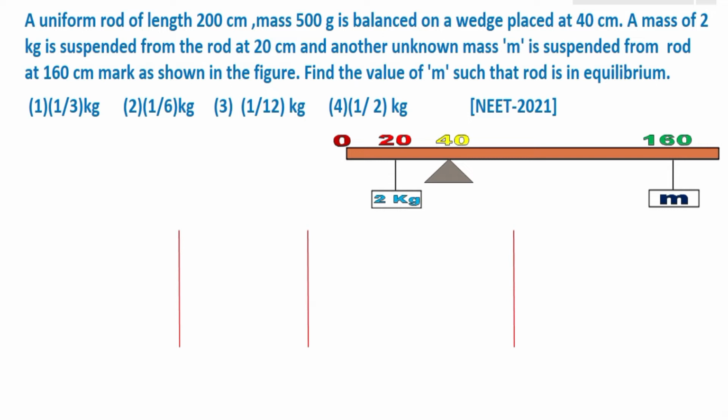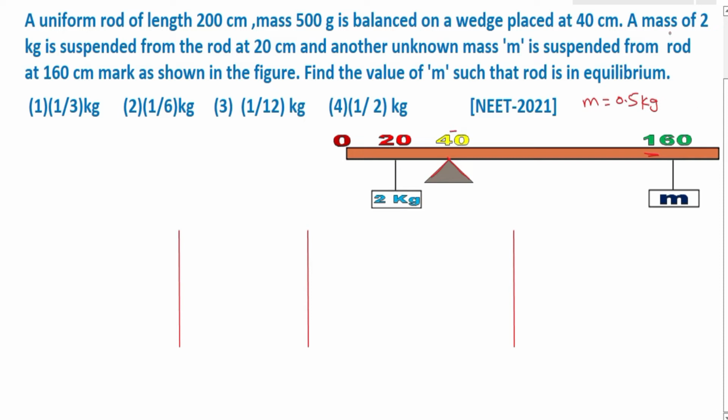Now let us see the solution. Let us see what he is saying. He told that this is a rod of length 200 centimeters, and its mass is given as m equal to 500 gram, that is equal to 0.5 kg. This rod is balanced on a wedge which is at 40 centimeters.